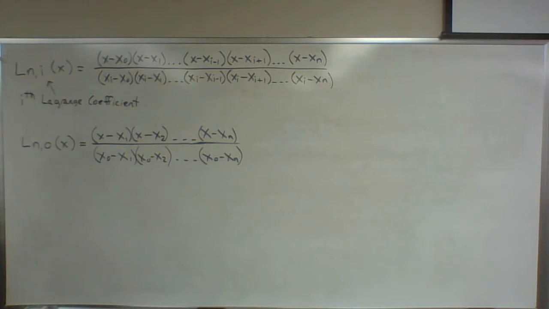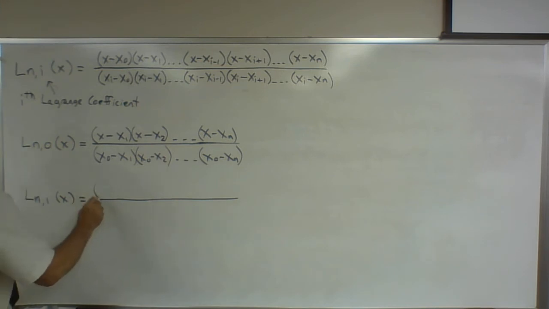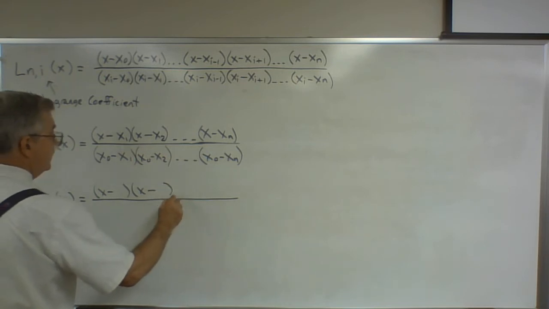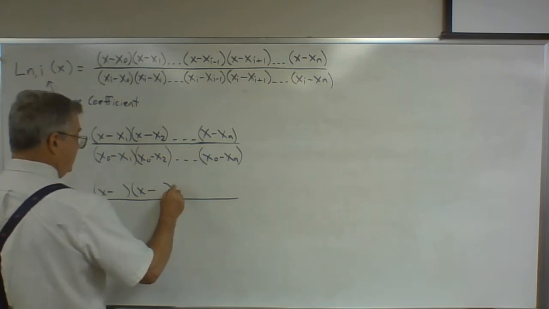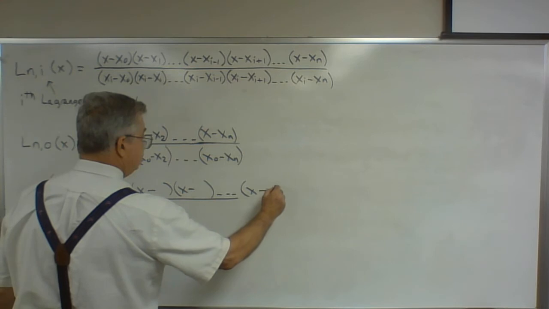Let's give us a little more room. And up top, we've got x minus something, x minus something, x minus something, dot, dot, dot, x minus something.